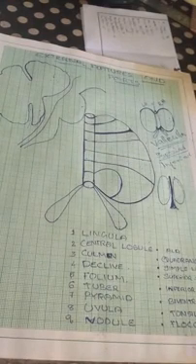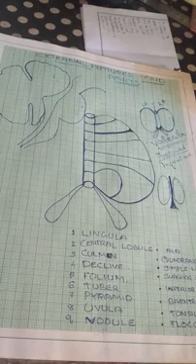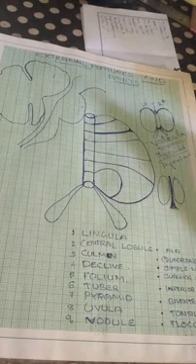Each cerebellar hemisphere is divided into three lobes: the anterior lobe, the middle lobe, and the flocculonodular lobe. First, the anterior lobe.